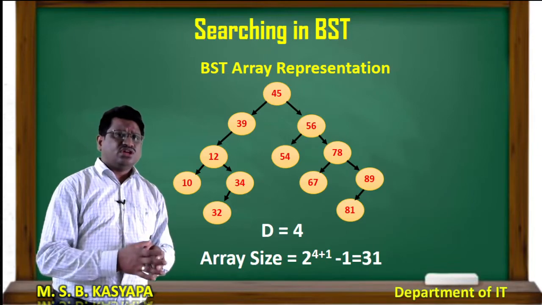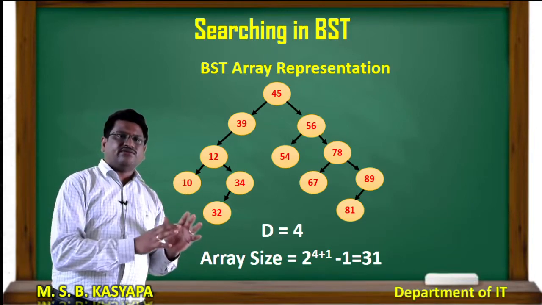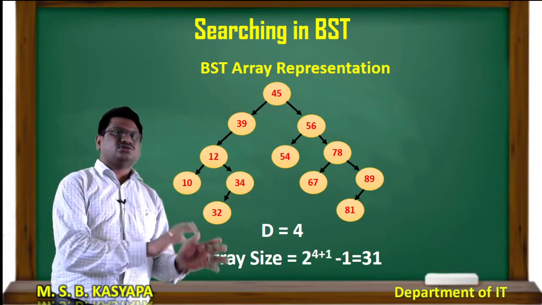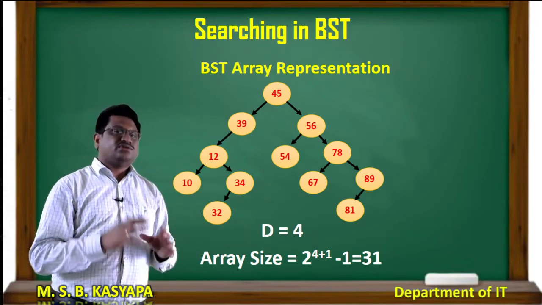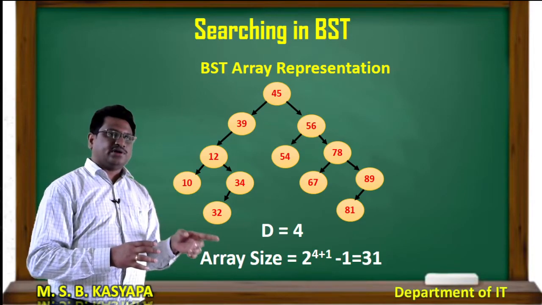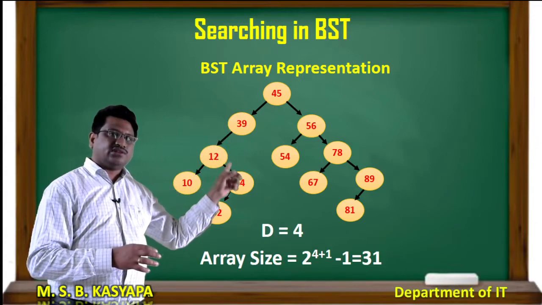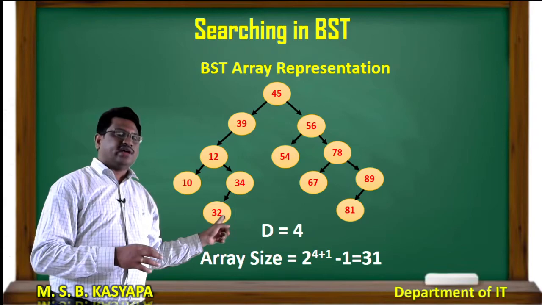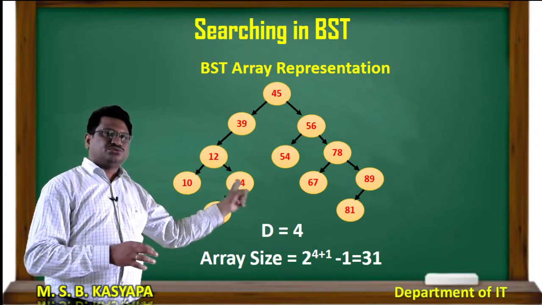Now, as you know, if I want to convert binary tree values or binary search tree values into an array, first I have to find the size of the array. How to find it? First I have to find the depth. 45, 39, 12, 34, 32 is the longest path in this binary tree. So, 1, 2, 3, 4.